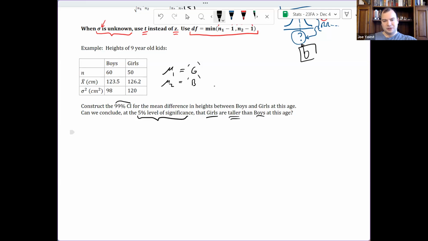Okay, so mu, the variable of interest, is mu1 minus mu2. So mu is like girls minus boys. I'm just making notes up here so that I keep myself straight on which order I'm doing things in.